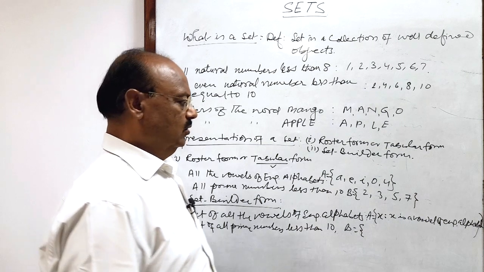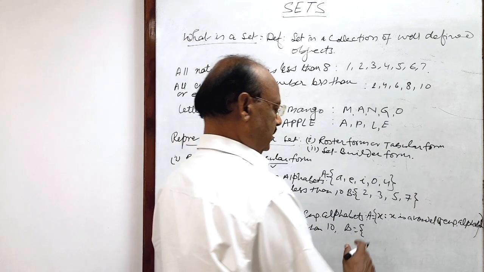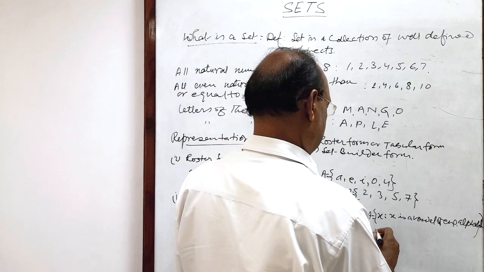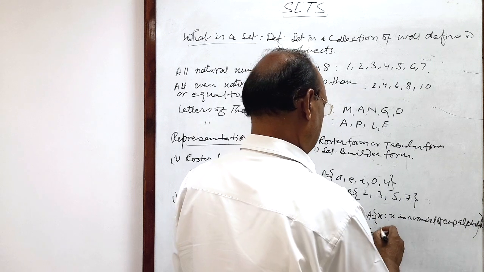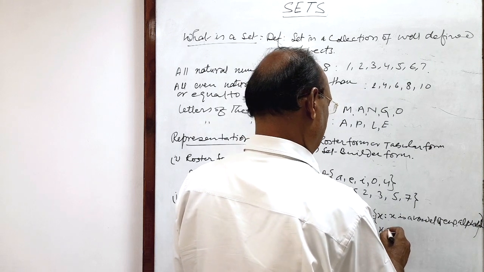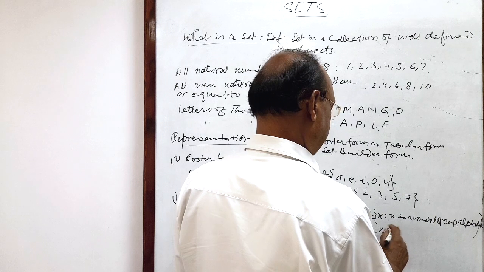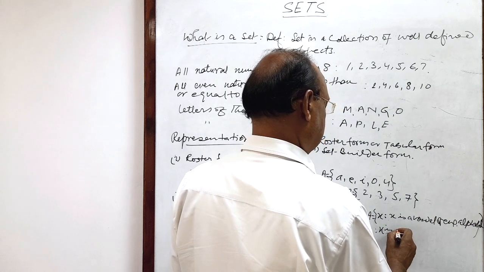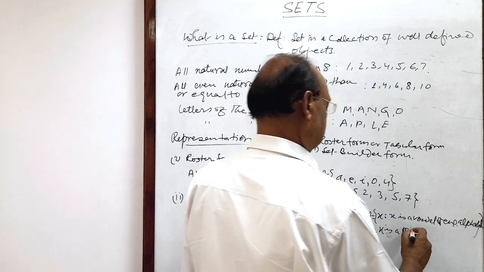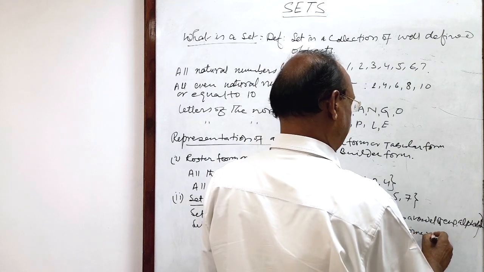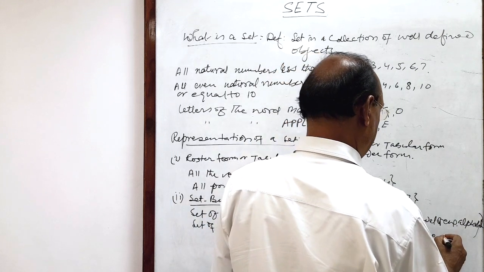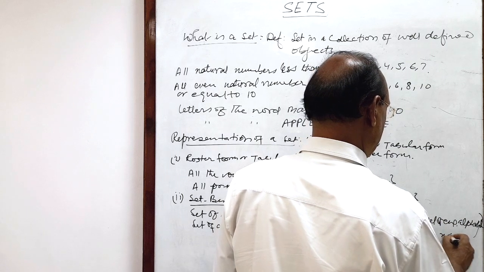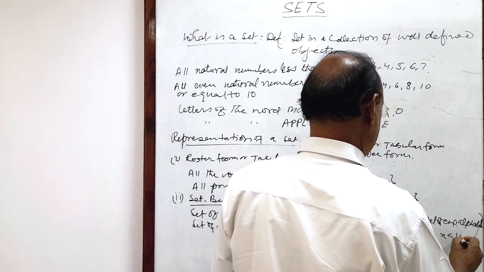So we will write here that this is X such that X is a prime number and X is less than 10.